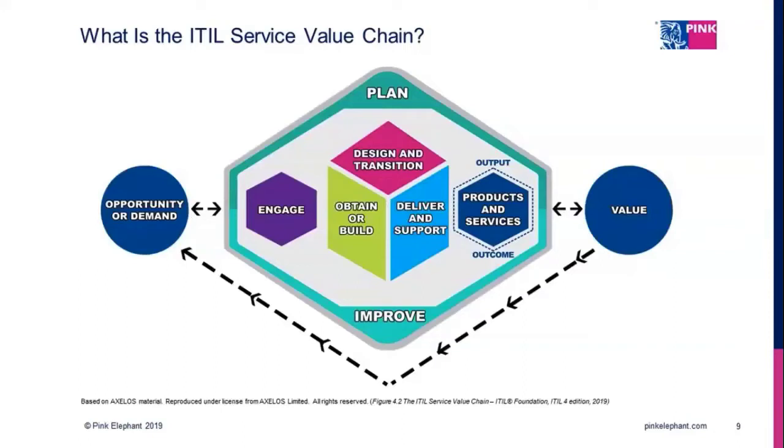You can start seeing that there's the double arrows between opportunity or demand and the figure in the middle there that has those 6 activities, as well as the double arrows between the value and that same diagram. And 2 things that happen with those double arrows is, one, ITIL 4 is all about co-creation. So it's about value creation is what we're working with the business on, as well as a service provider in a very collaborative approach.